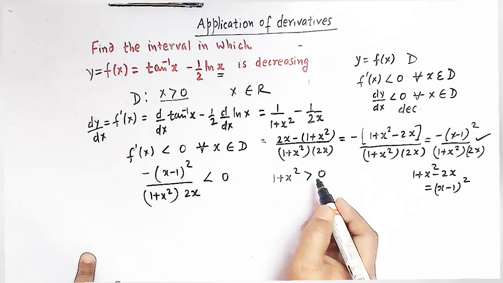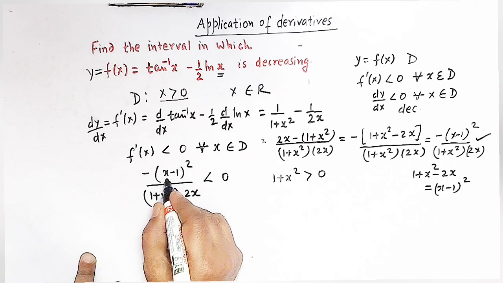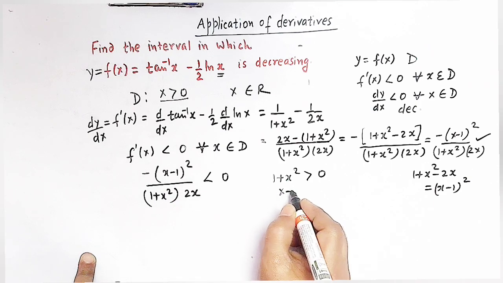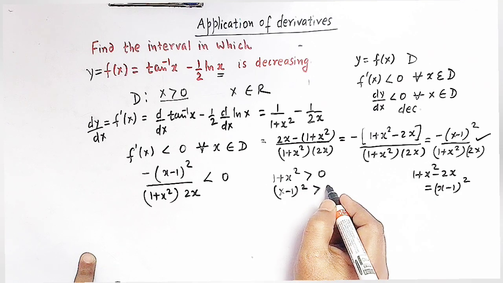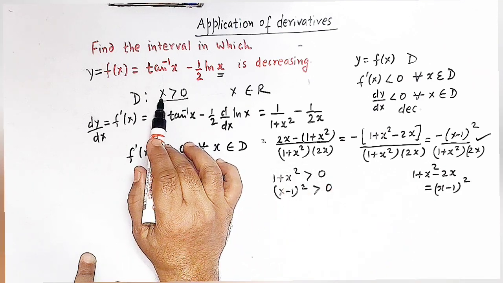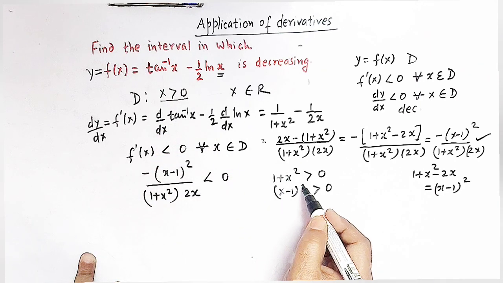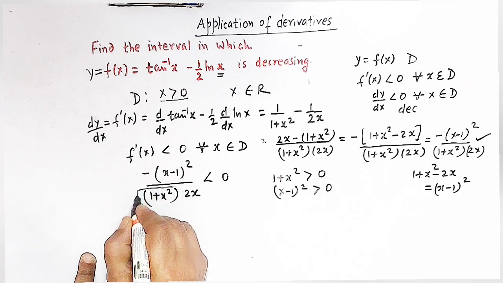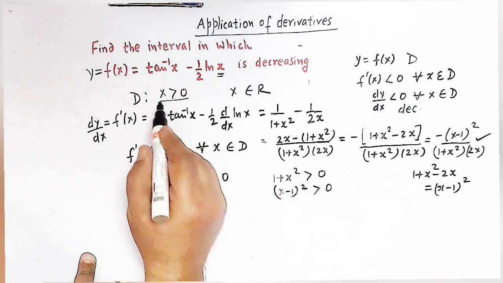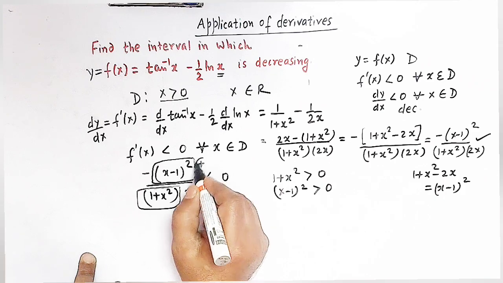So 1 plus x square should be greater than 0, and similar is the case with x minus 1 square, which is again greater than 0 for all x greater than 0. So x minus 1 being a square term here, this is always going to be greater than 0. So this term is positive for all x greater than 0. Similarly, this term is also positive, right?